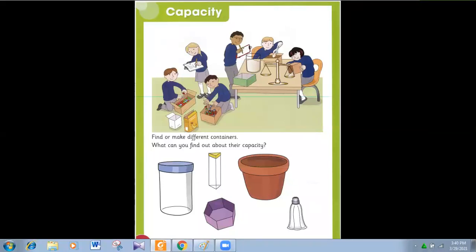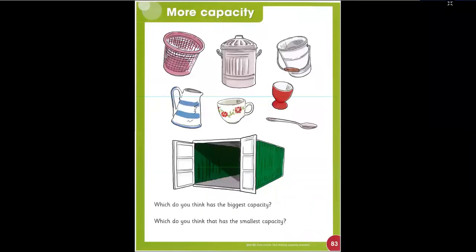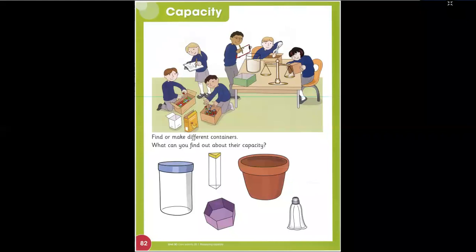the container has. The amount of something tells us the amount of liquid which a container holds. Some of the containers can hold much more, and here are the containers, and we are going to know which containers hold the most.